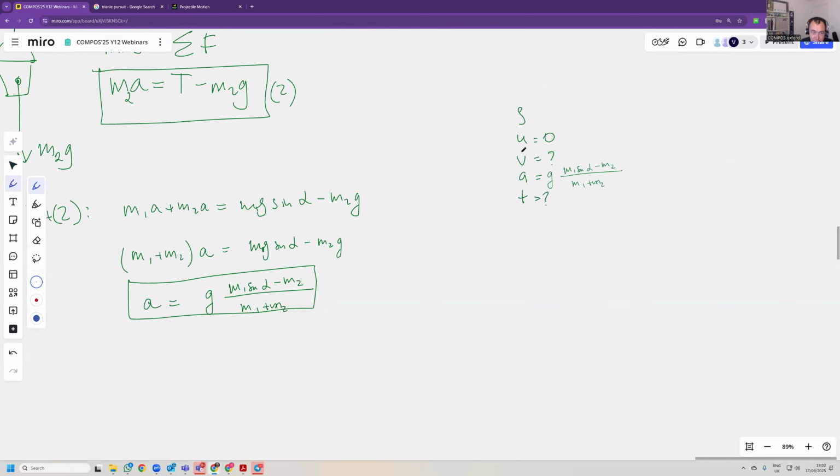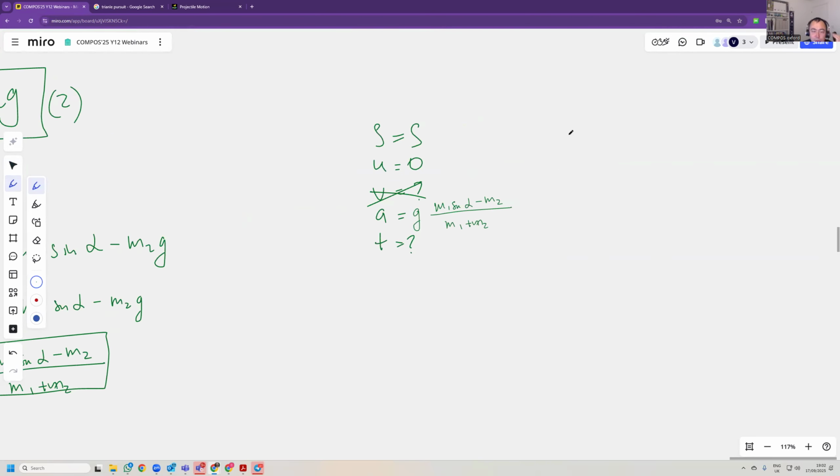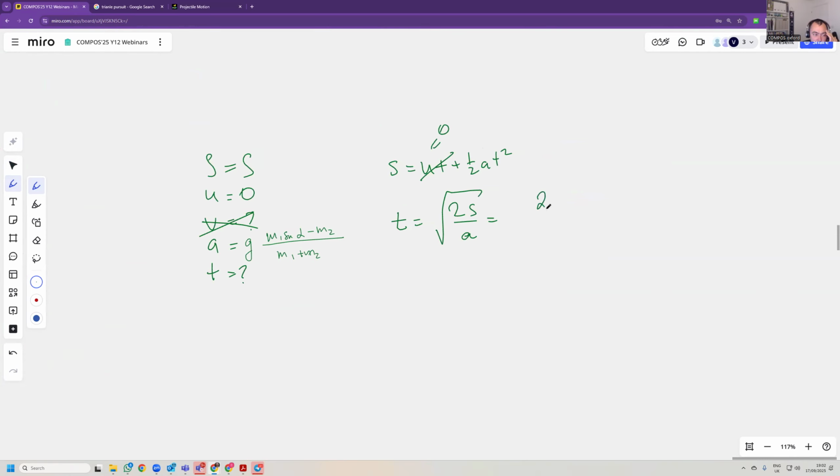So of course we use s equals ut plus 1/2 at squared. Here u is 0. So t is equal to the square root of 2s divided by a, and that is the square root of 2s divided by g times (M1 sine alpha minus M2) over (M1 plus M2).